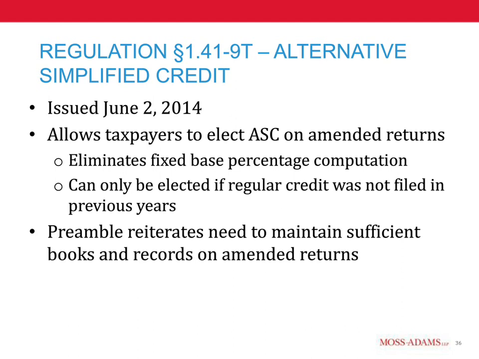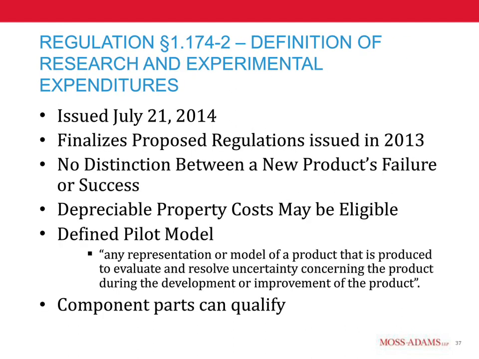So this 174 regulation applies to companies that are producing prototypes and pilot models. And the reason this is relevant is because in order to qualify under Section 41 for research credits, you also have to meet the requirements under Section 174.